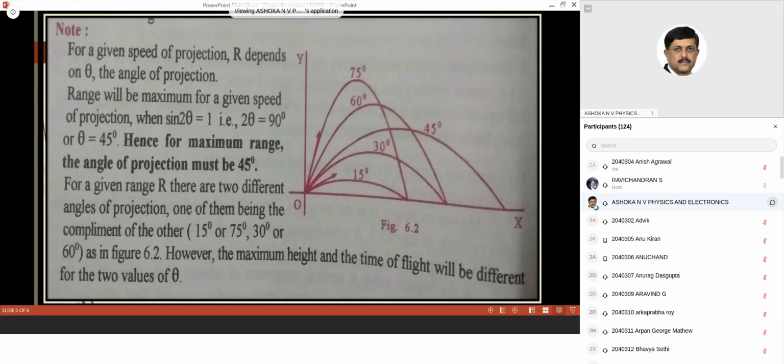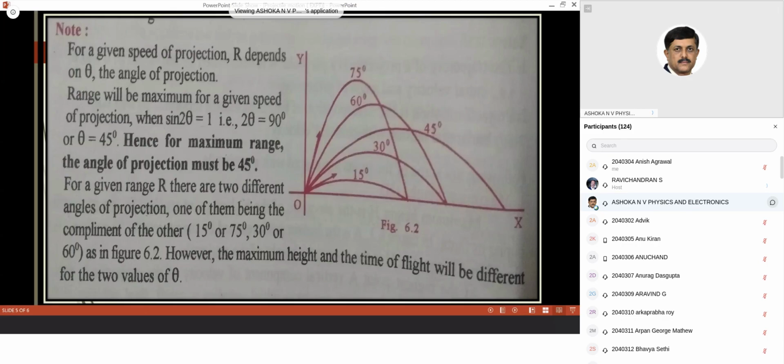Both are almost having the same horizontal distance. That's why for 75 and 15 degrees, both angles, according to your equation, sine 2 theta. So 2 theta value, if you put 15, is 30. If you put 75, 2 theta is 150.